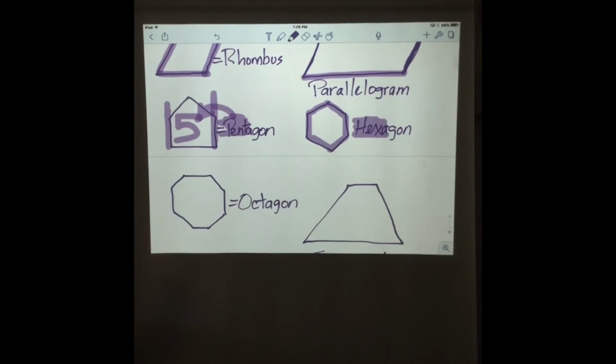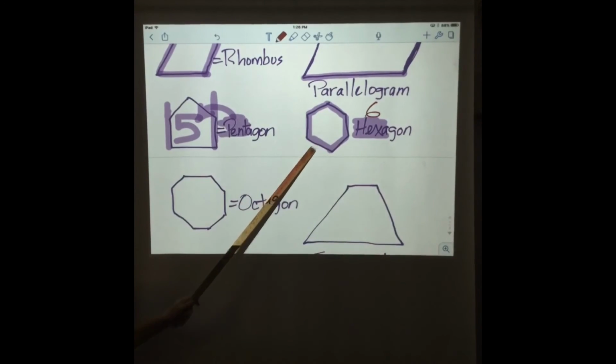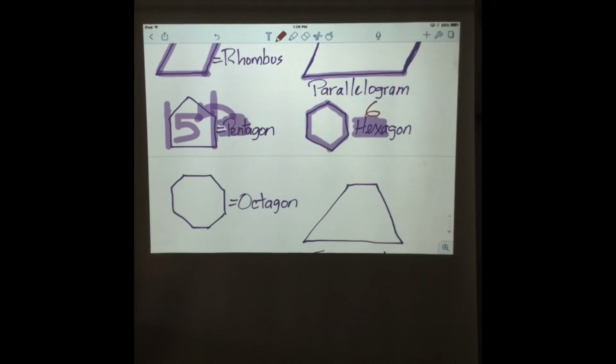Hexa actually means 6. 6 sides. Is it a parallelogram? Yes, because it's got a parallel set of lines here. It's got a parallel set of lines here. It's got a parallel set of lines here. Do you see that?